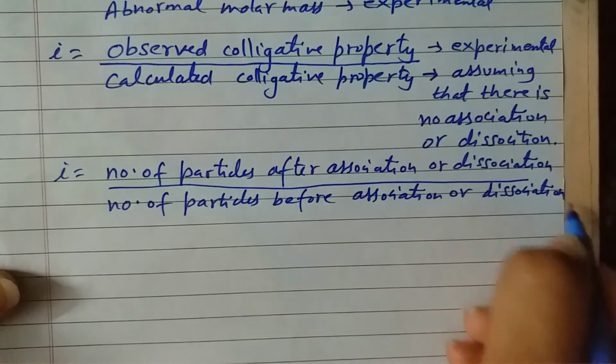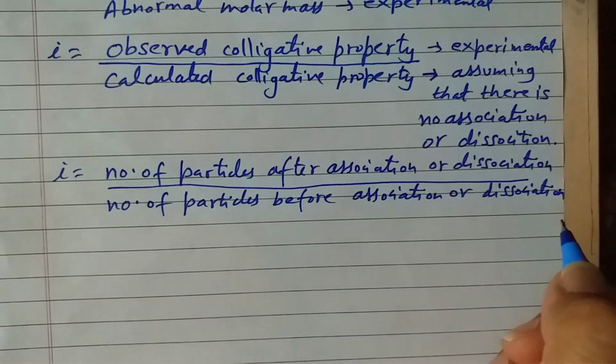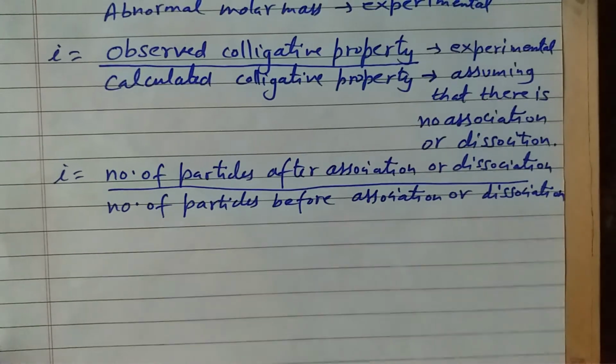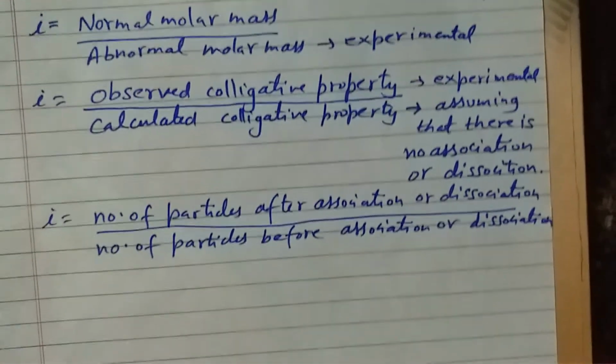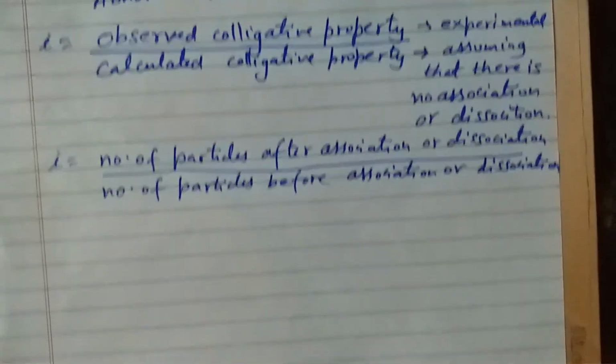Number of particles after association or dissociation divided by the number of particles before association or dissociation. So the Van 't Hoff factor can be calculated by using these three formulas. Either we can use the molar mass, or we can use the colligative property value, or we can use the number of particles in the solution after and before association or dissociation.